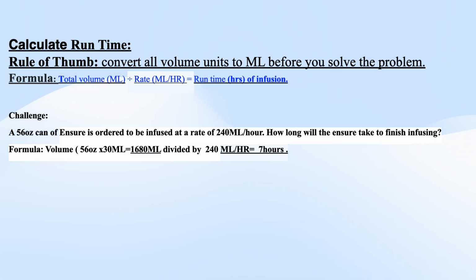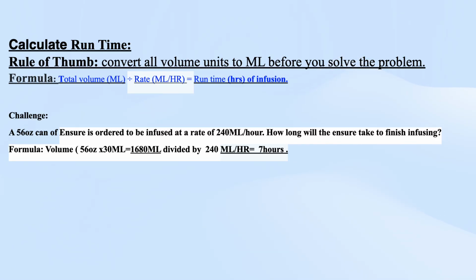Therefore, if I have 56 ounces, just multiply your 56 by your 30 to get the total ml to work with. Once you have that, easily plug in the formula, volume divided by the rate. The rate here in the question is what? 240 ml per hour. Bring it just as is, written and said. Divide them. And your total time is right here, 7 hours.